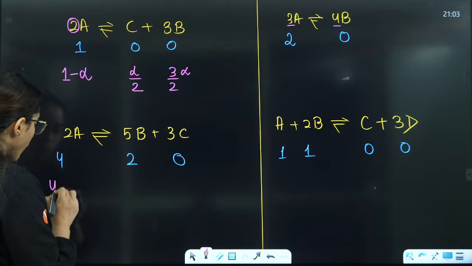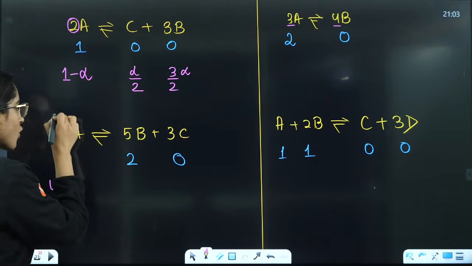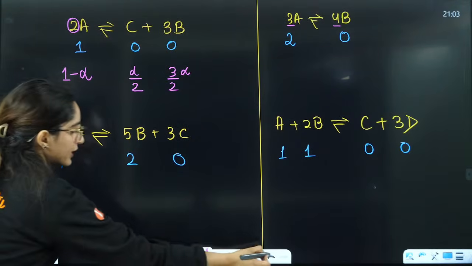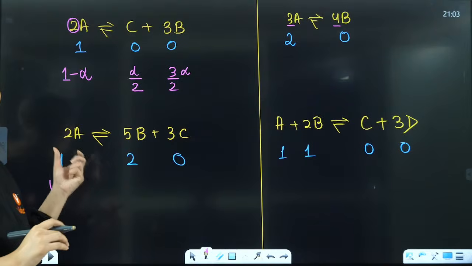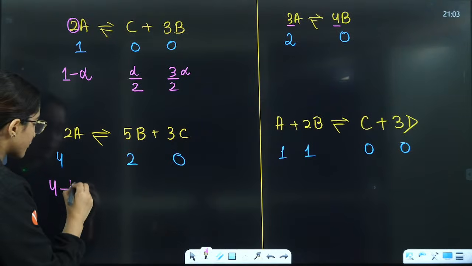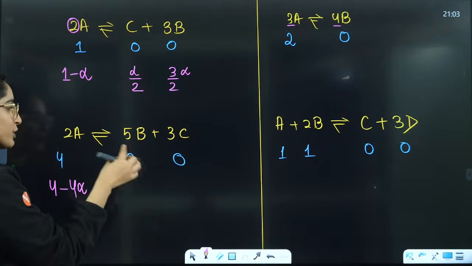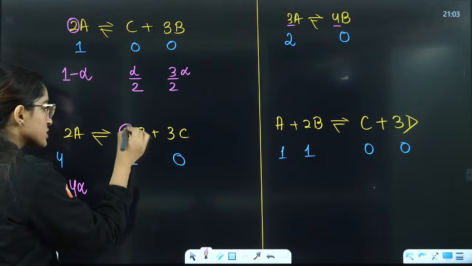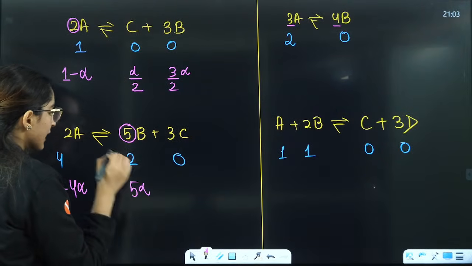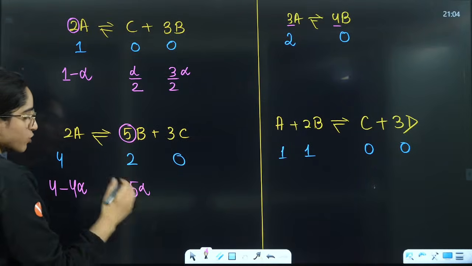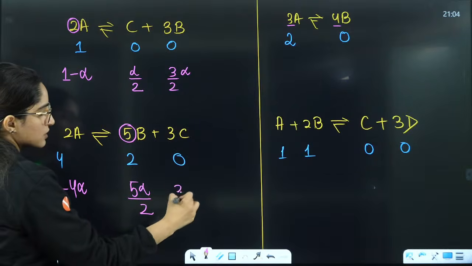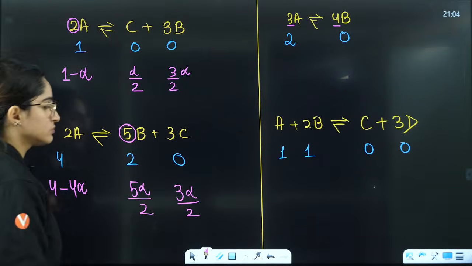Now this is 4 minus, it is not multiplied by 2. It is on the reactant side. It is multiplied by only the initial concentration, that is 4 alpha. On the product side, it is multiplied by this 5 as well. Then it is also divided by the stoichiometry number of moles here, that is 2. This is 3 alpha by 2.